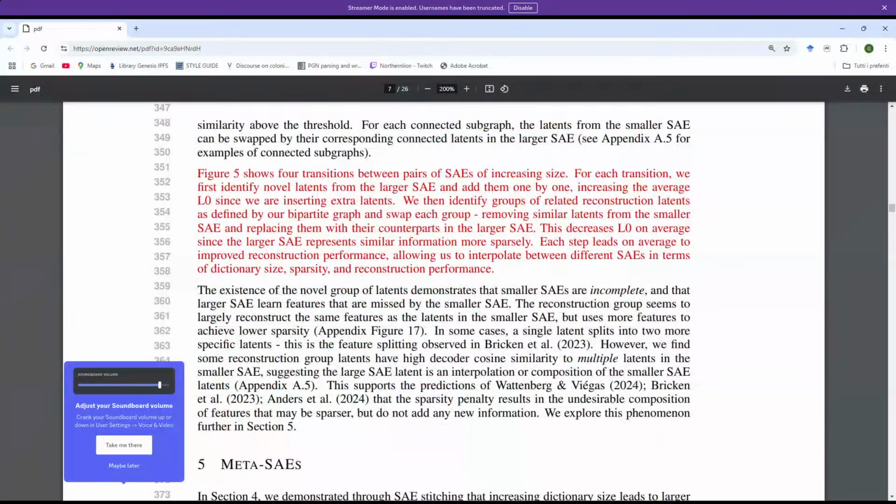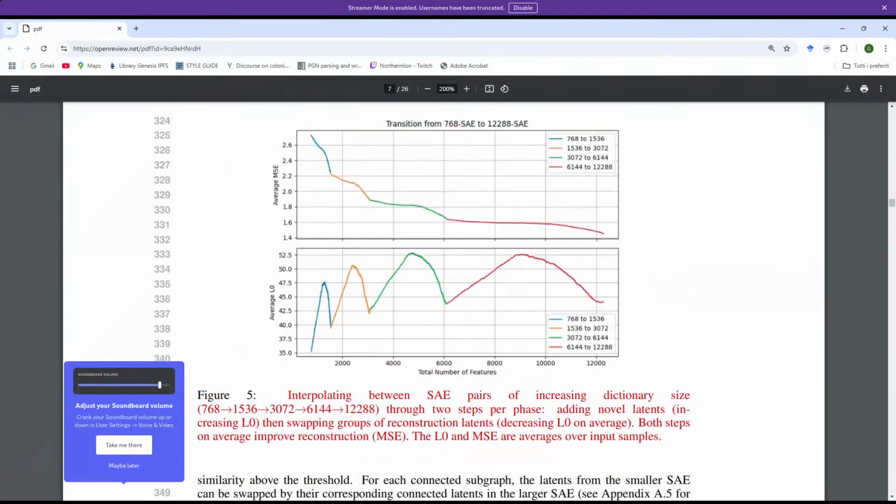I think the answer to your question is yes. There will be some latents on the small SAE that don't have any pair on the bigger one, especially for smaller sizes, and that's mainly because it's learning an intermediate direction, like a principal component, which you can decompose much better if you have more latents.